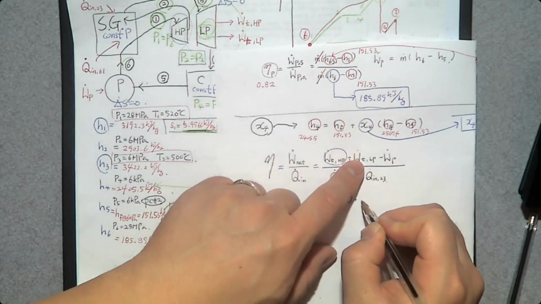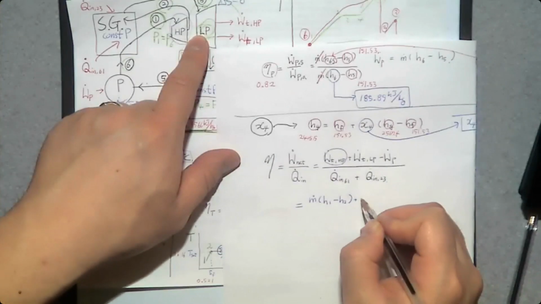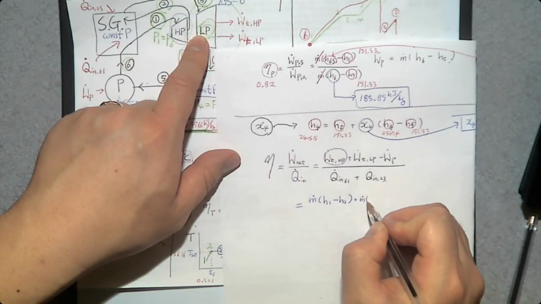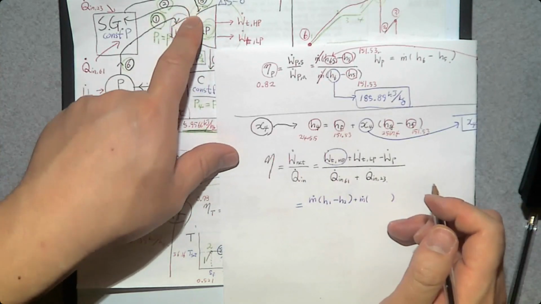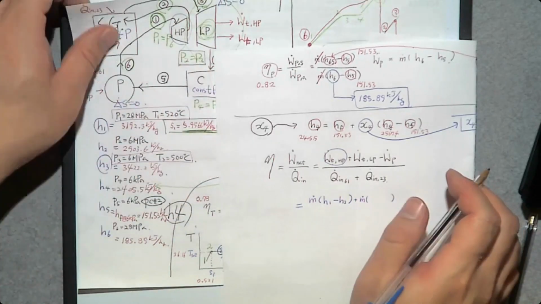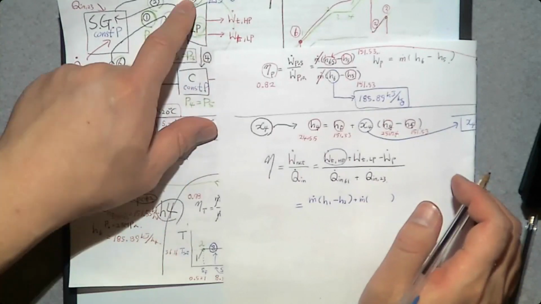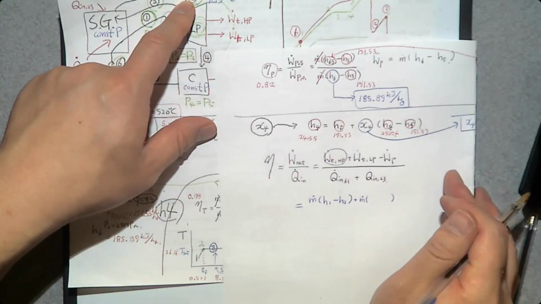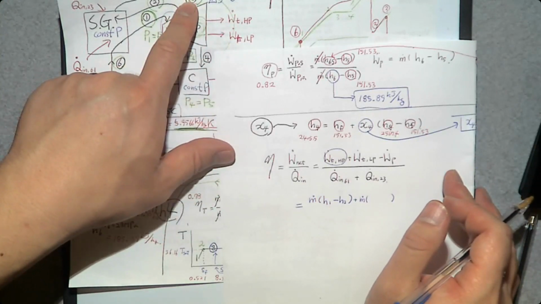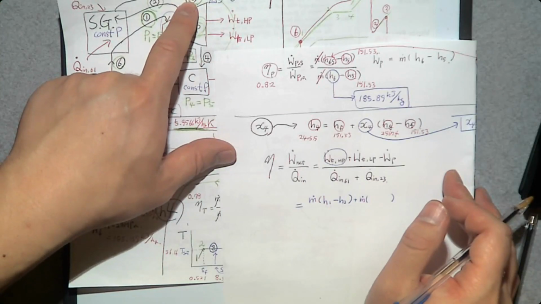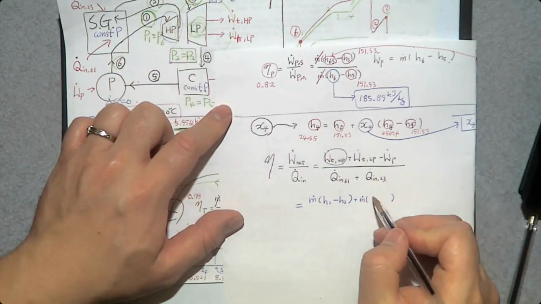What about the turbine power from the low pressure turbine? It's going to be either H3 minus H4 or H4 minus H3, but as we know, it produces power. This power comes from H3, so H3 should be greater than H4.